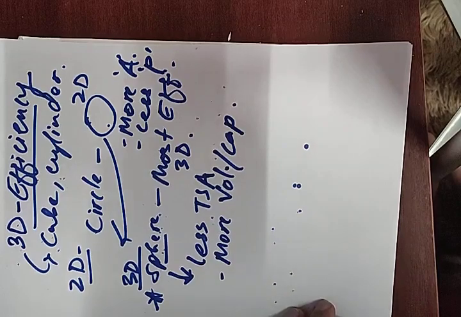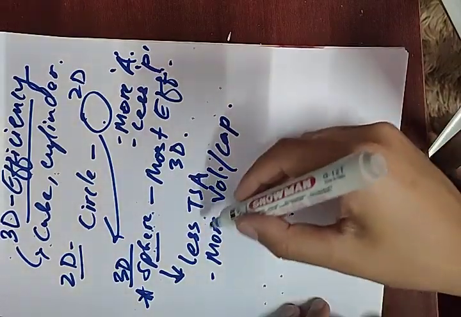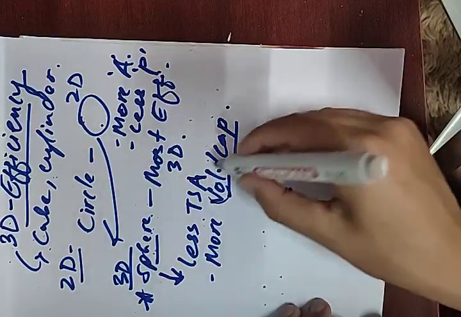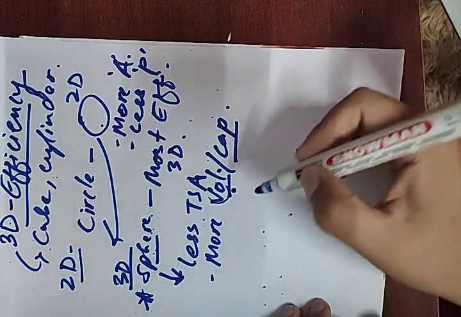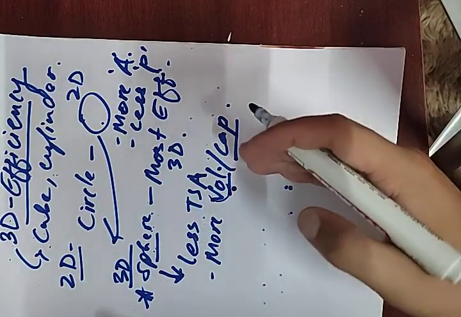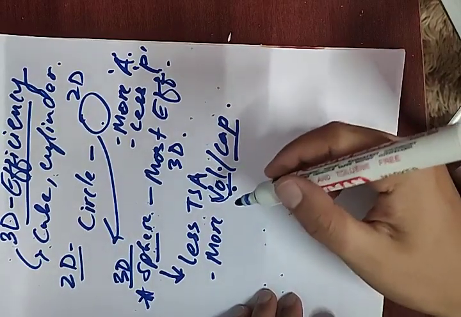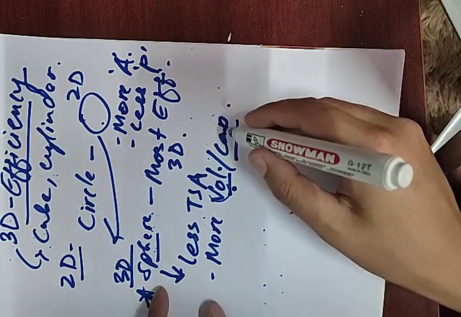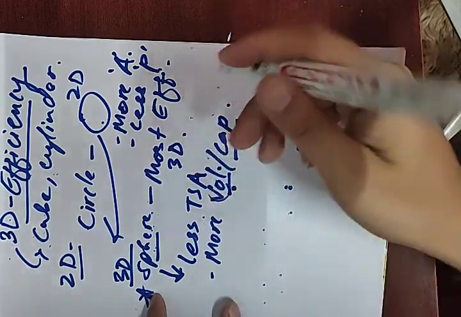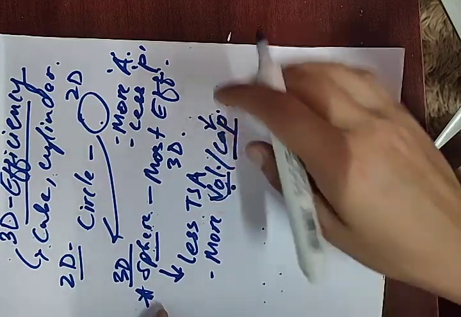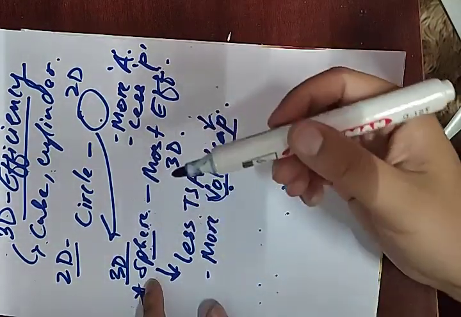If the shape has more volume or capacity, which means you can put more inside that container, then you can say that it is more efficient, obviously, isn't it? That container or shape can hold more, that is called capacity. So this type of shape will be the most efficient.